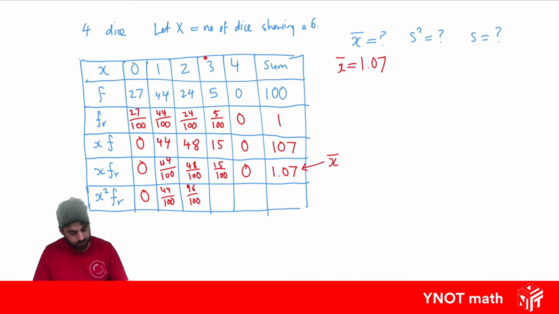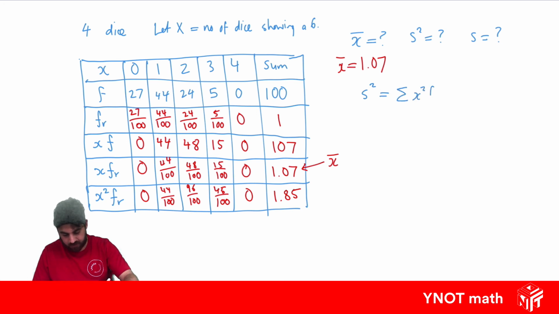Then 3 squared, which is 9, times our relative frequency of 5 on 100 gives us 45 on 100. Then 4 squared, which is 16, times our relative frequency of 0 gives us 0. Summing that all up gives us 1.85.